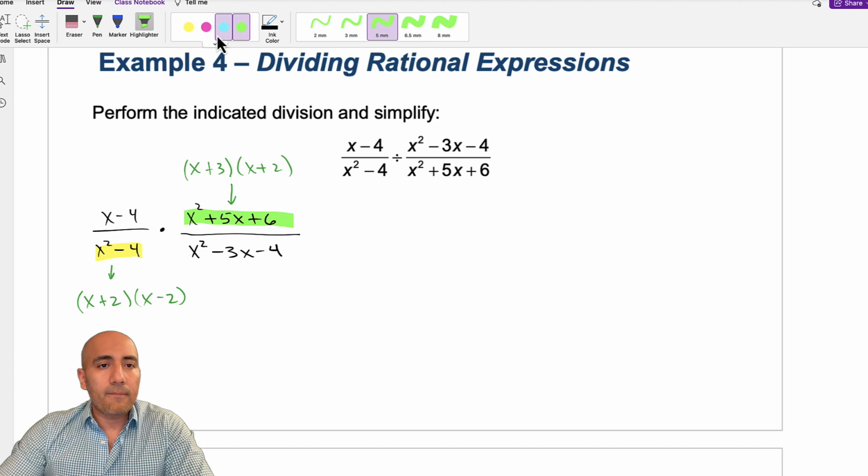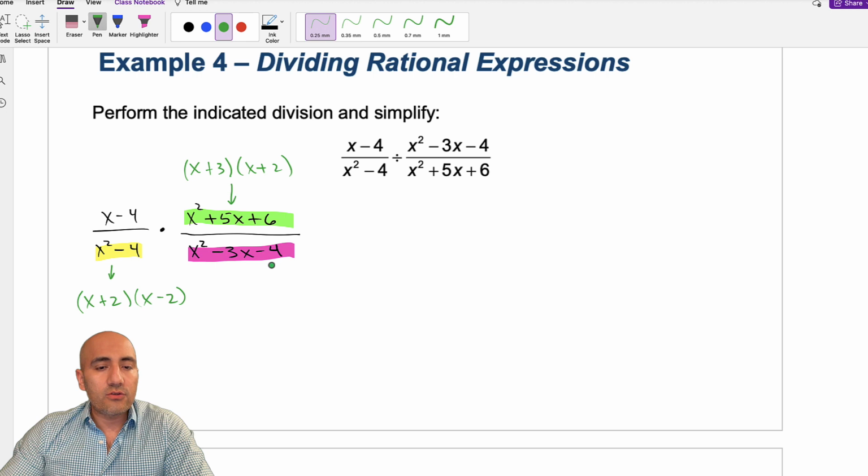And finally, we have this one. So again, a trinomial, leading term is 1. So I know that I need to find two numbers that multiply to -4, but add to -3. And again, simple numbers, so it's easy to guess. Let's see, we need an x minus 4 and an x plus 1. Right? And again, guessing and checking confirms that that has to be the way that factors.